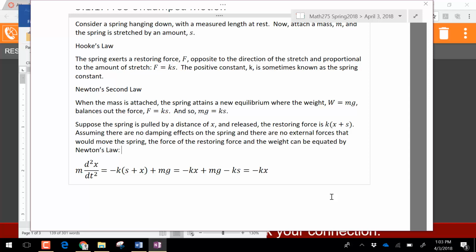We have to assume that there's no damping, free motion, there's no other external force. Then we have Newton's law: mass times the acceleration is eventually equal to negative k times the position.